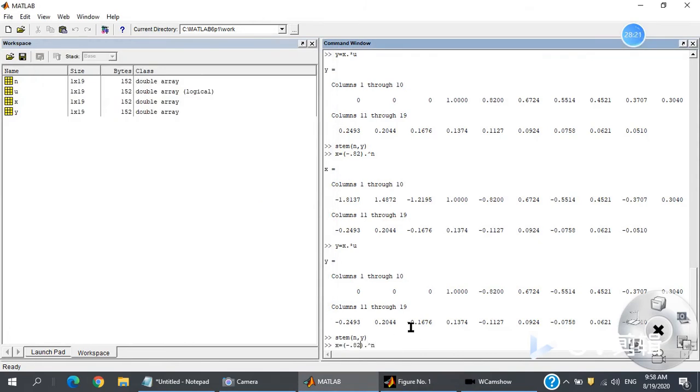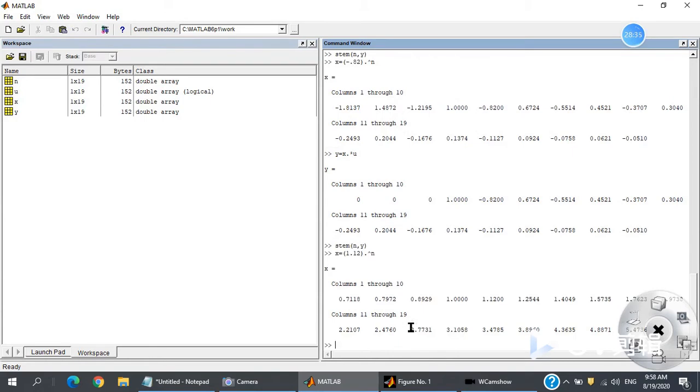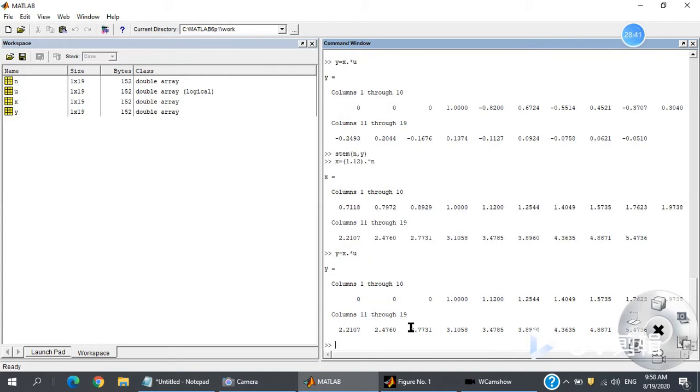And if we have a larger than 1, this is negative and larger than 1, and positive. Okay, we try positive first. Positive and negative, larger than 1. And y is still with a u.